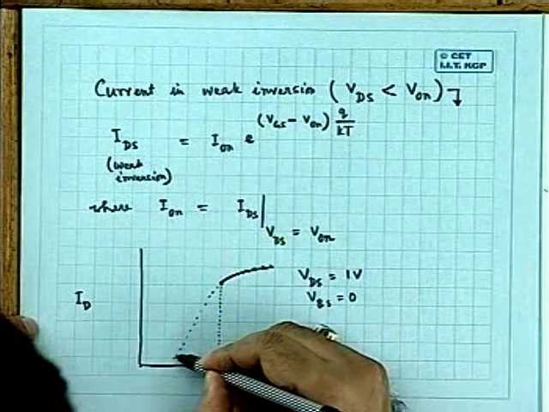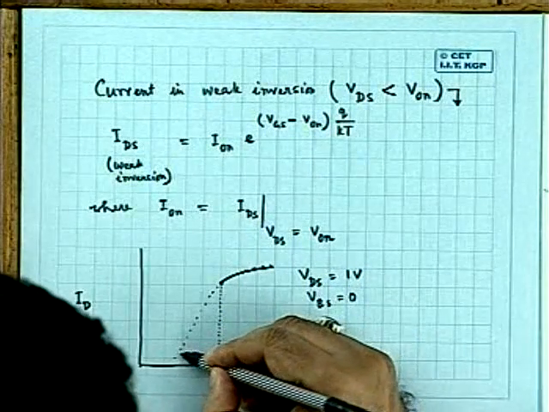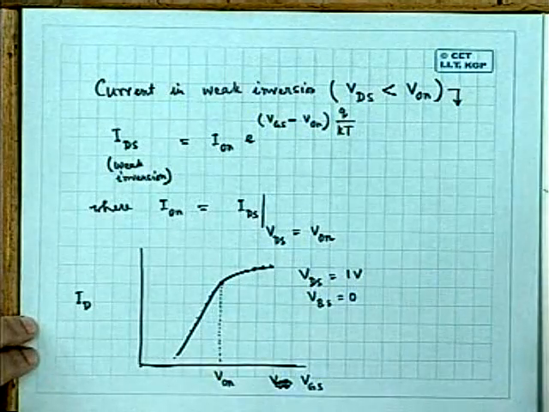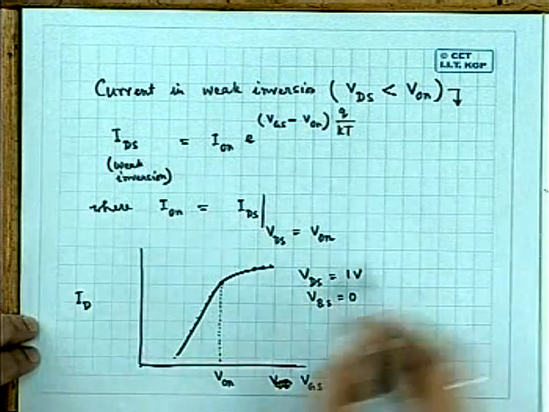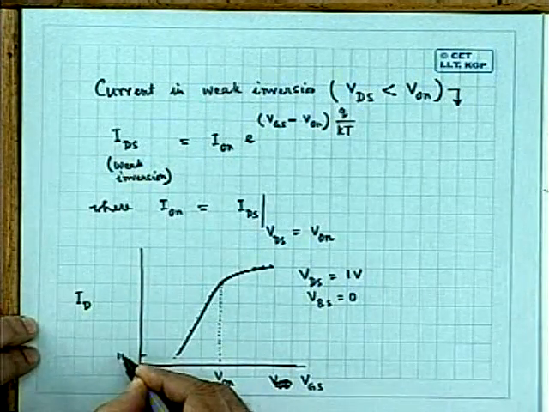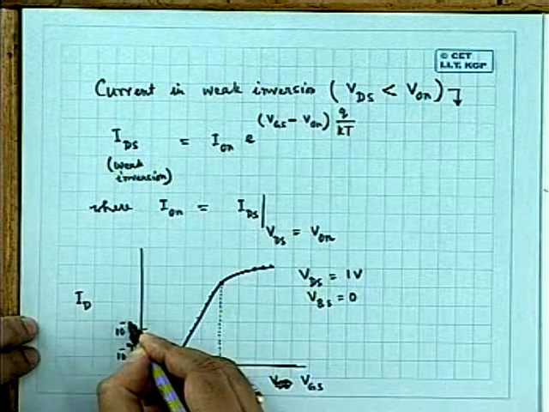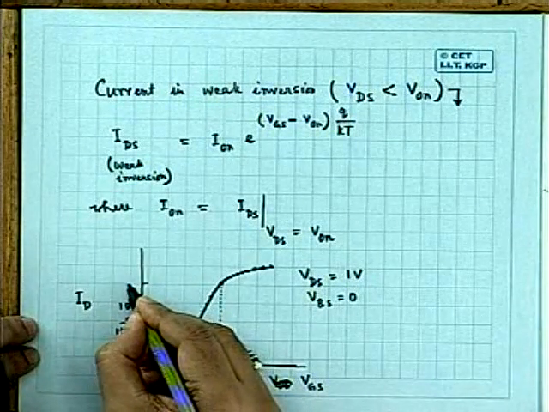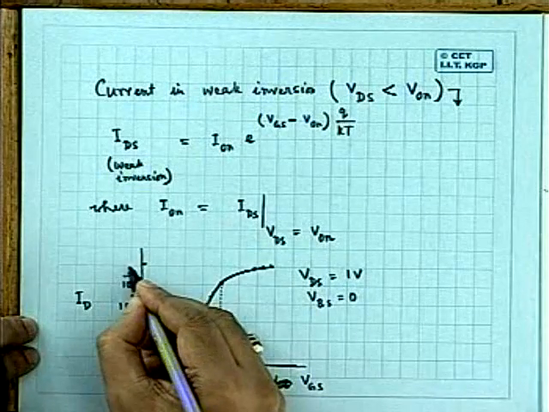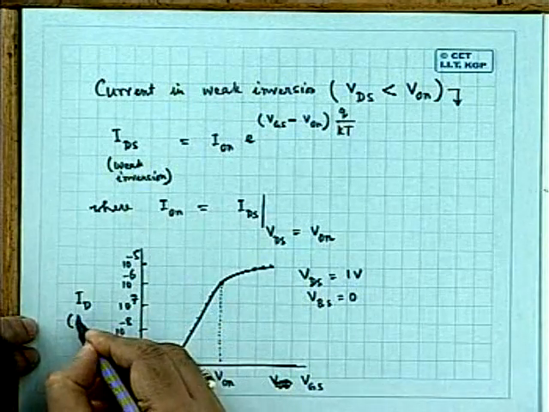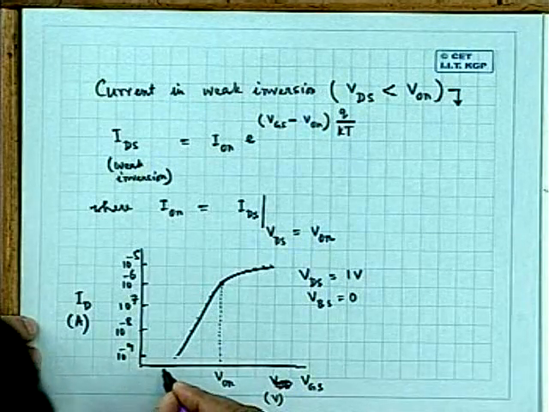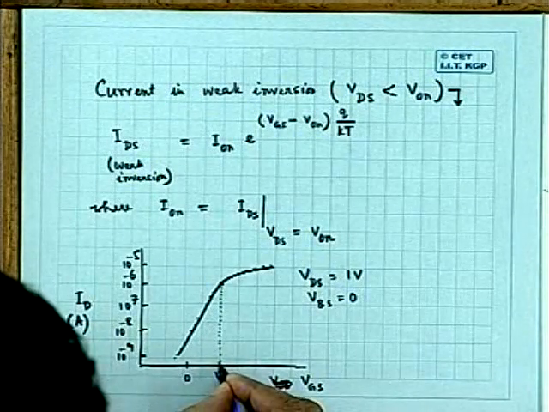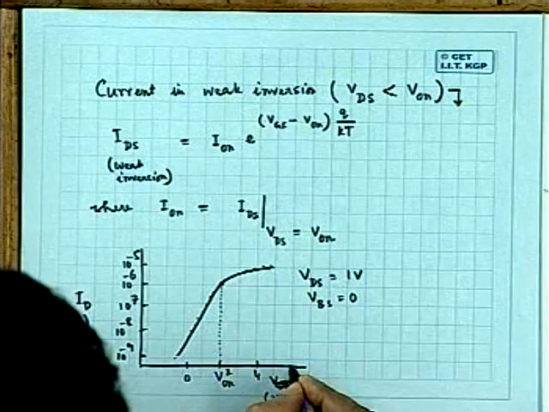So you are getting a characteristic like this, maybe in the exponential scale. So, say 10 minus 9, 10 minus 8, 10 minus 7, 10 minus 6, 10 minus 5, and so on. And this is in volt, maybe 0 volt, 2 volt, 4 volt, 6 volt, and so on.